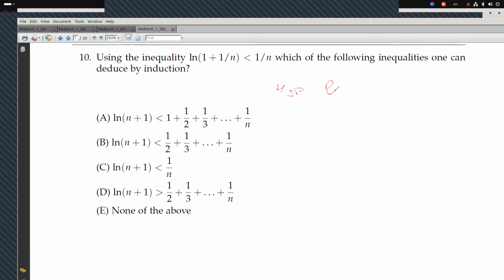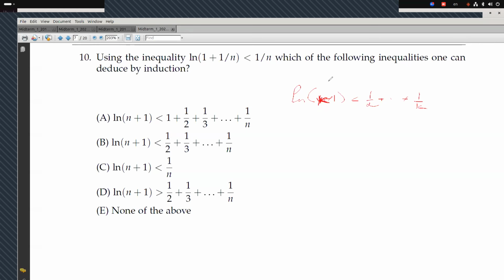That logarithm n plus 1 or k plus 1 is smaller than 1/2 plus etc. to 1 over k. What can we say about log k plus 2?